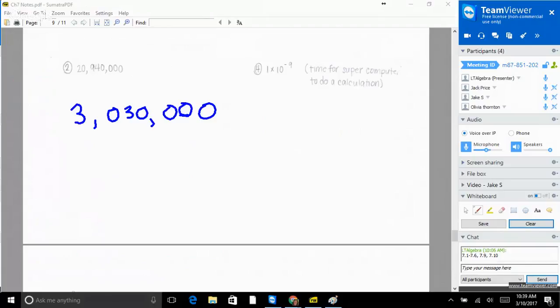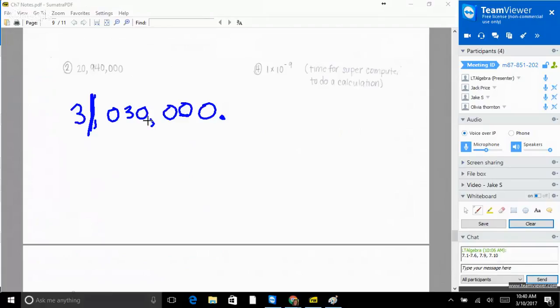So what I have to figure out is, first, where am I going to move my decimal place? Because my decimal place right now is right here, right? And I need to change this to a number that has only one number before the decimal. So in order to have just one number before the decimal, I'm going to move my decimal place to right here.